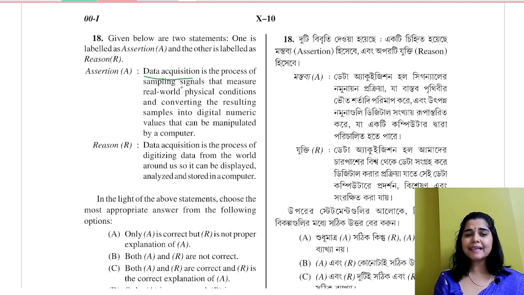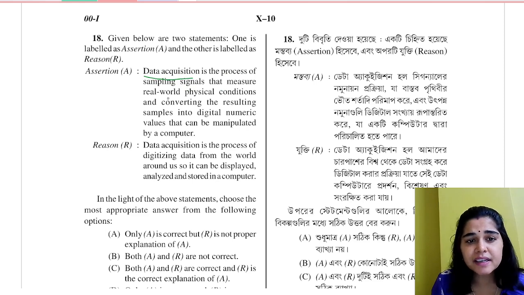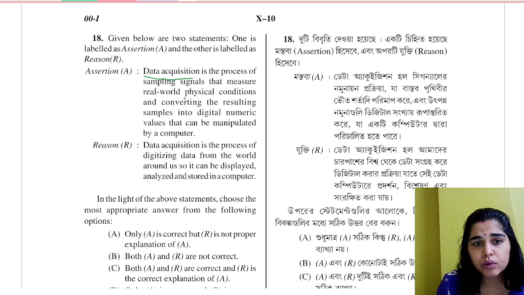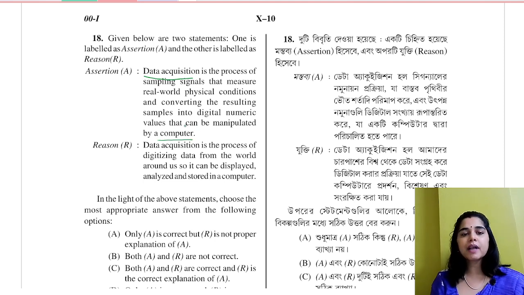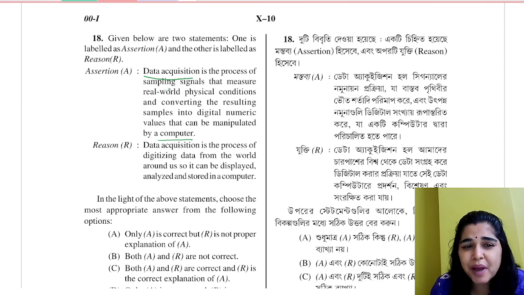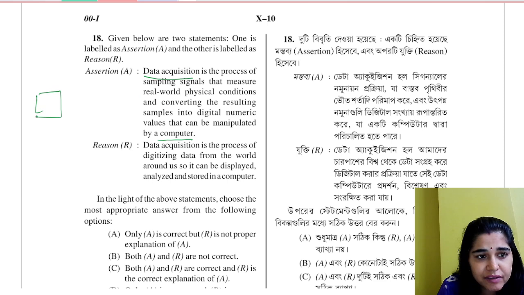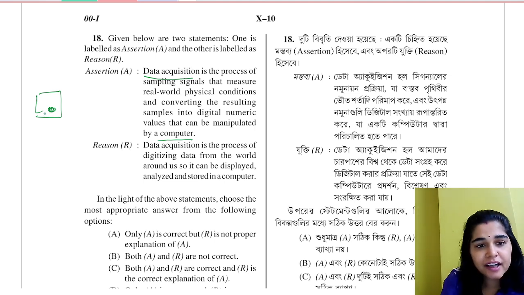It is a process of sampling signals that measure real world physical conditions and converting the resulting samples into digital numerical values that can be manipulated by a computer. So here, what does data acquisition mean? It is a kind of process in which you sample signals that we measure from the real world. It is a process where we are converting our real world into, in what?